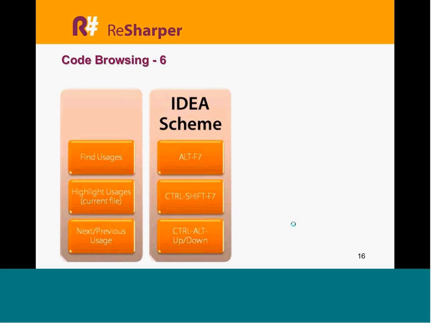This is very interesting. Apart from Control Shift N and Control N for members, use Find Usages. We don't use the shortcut Alt F7, but we right click and say Find Usages. That gives us the complete list of where a particular method, variable, or type is being used.